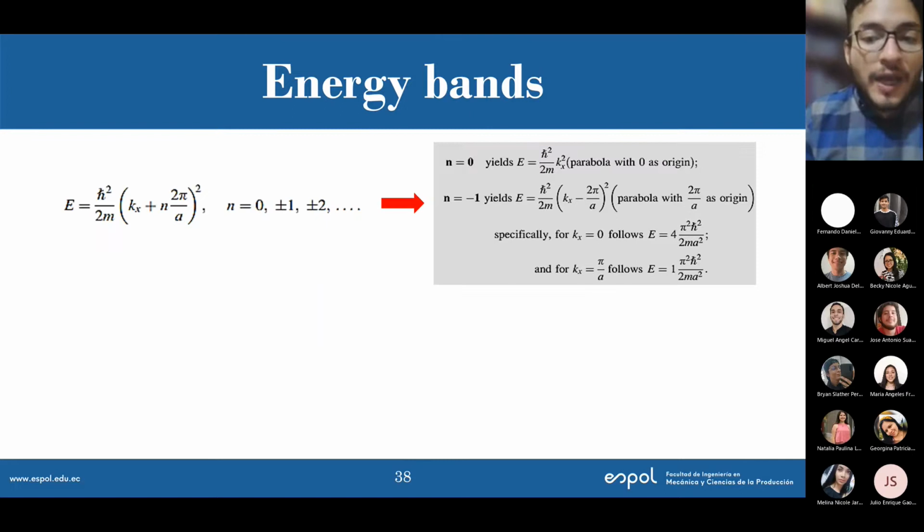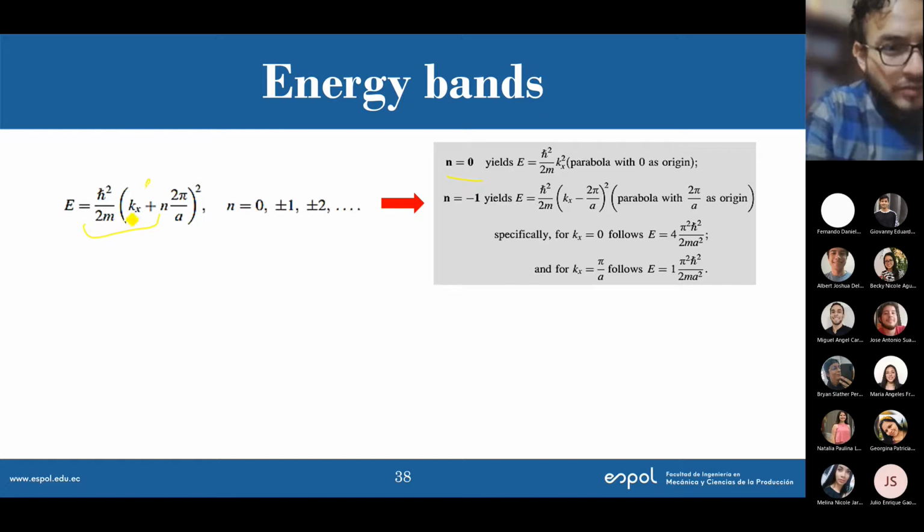And actually, let's do that. So if n equals 0, I'm just going to use different values of n, and remember that they all have to be integers. So if I use n equals 0, what I'm going to get is just this.